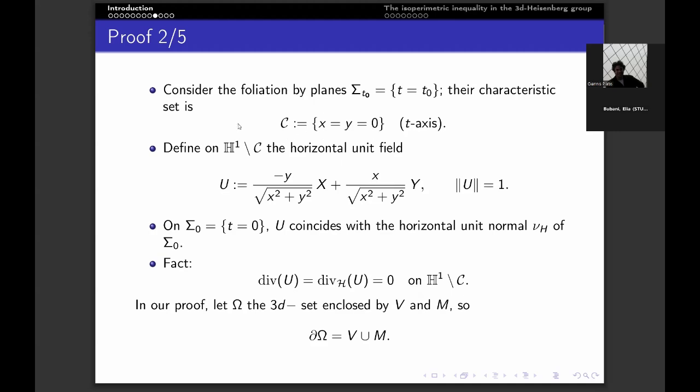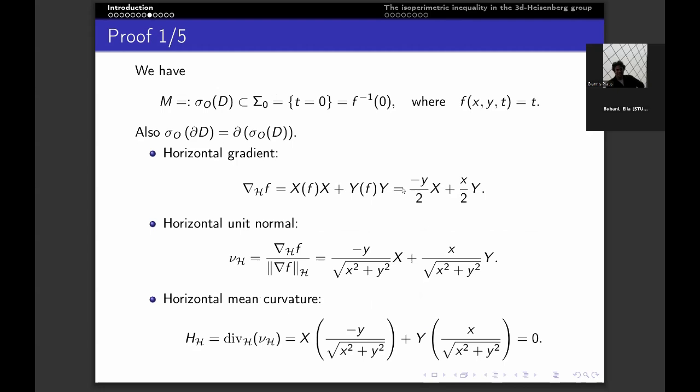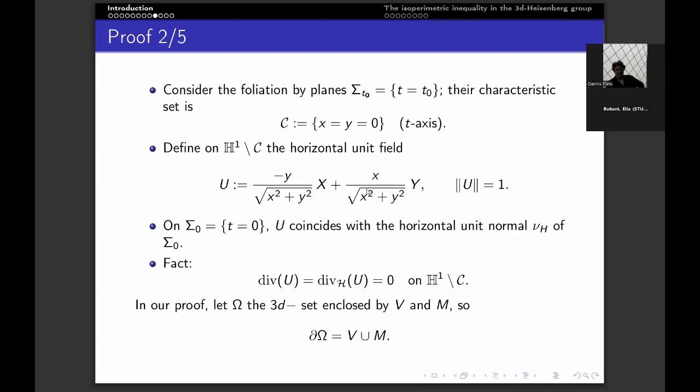Then we define a horizontal unit field, this U, that will do all the work here. U is defined using this formula, and we have to see that U is equal to the horizontal unit vector, which is practically the same calculated at all the leaves.